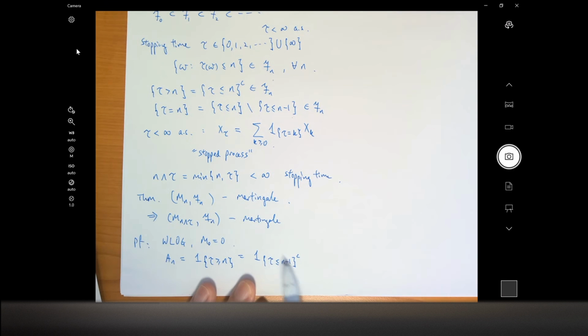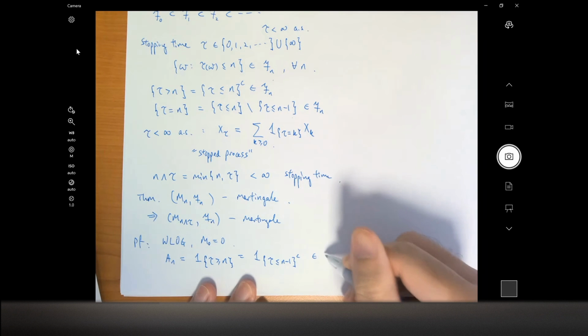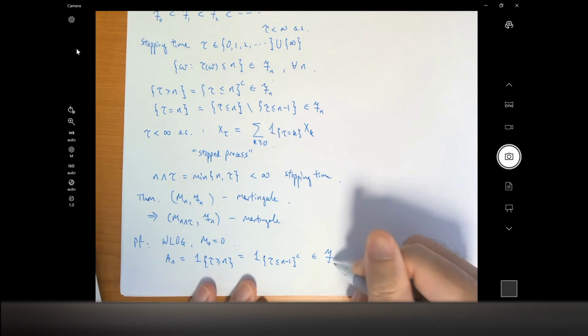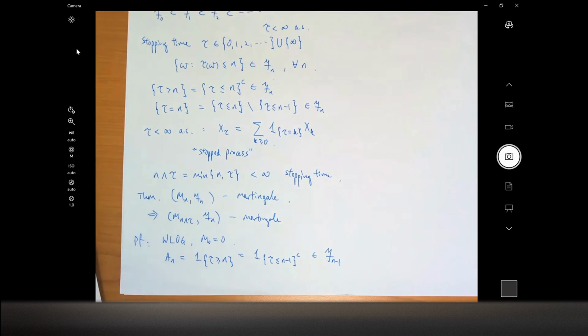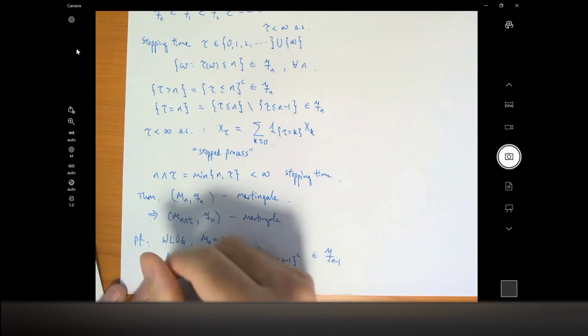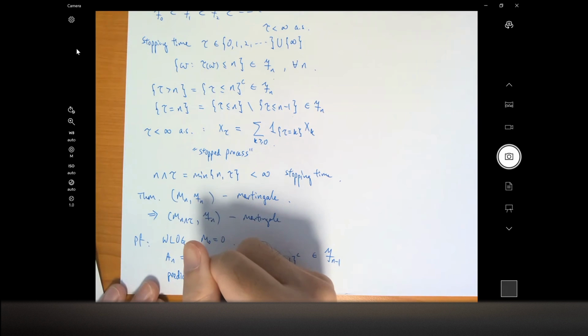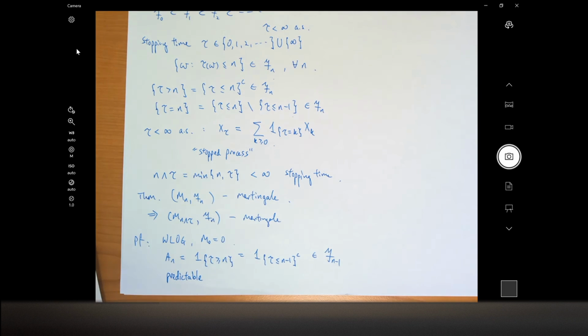By definition, tau smaller than or equal to n minus 1 is in Fn minus 1, and the complement is in Fn minus 1. So this is measurable with respect to Fn minus 1. So this sequence of random variables an is measurable with respect to Fn minus 1. If you recall, this is what we defined last week to be a so-called predictable sequence.